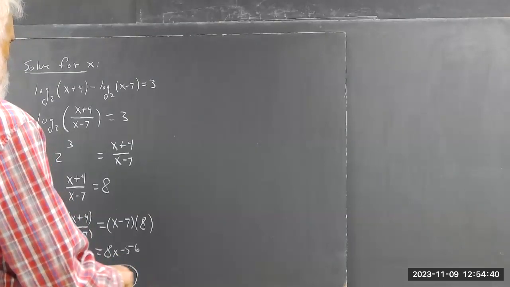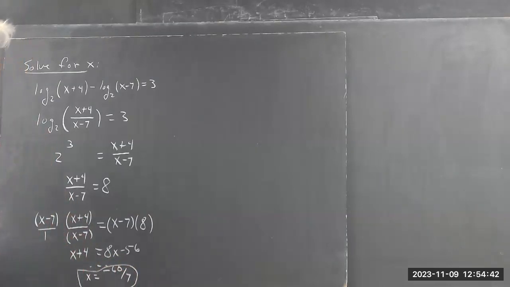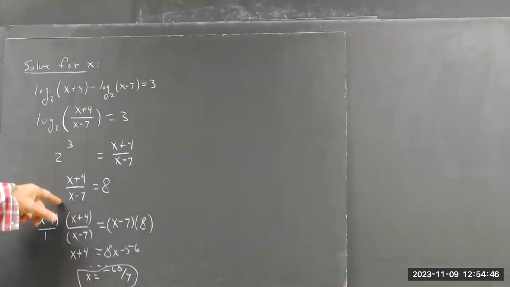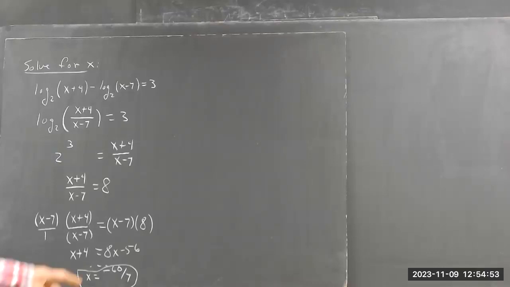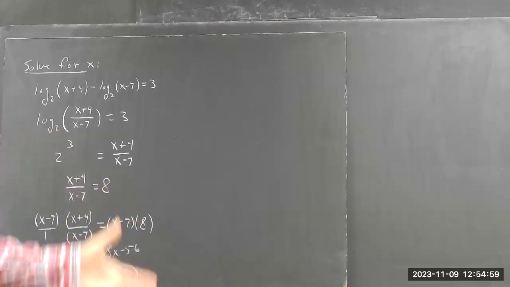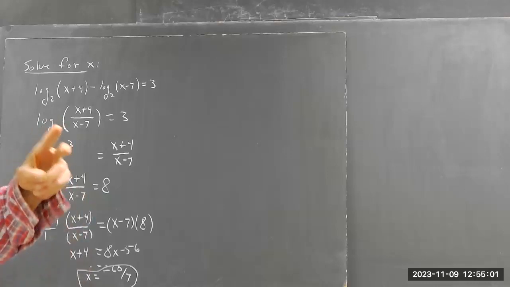X equals negative 60 over 7. Then you check that with the original equation to make sure it's right. Especially since I did a step in my head, you really want to check it. Okay? That's procedure.